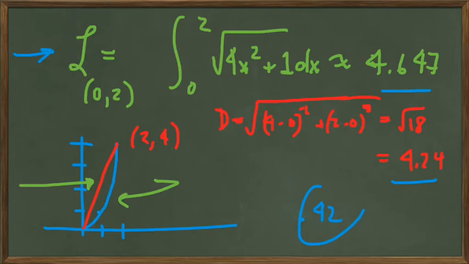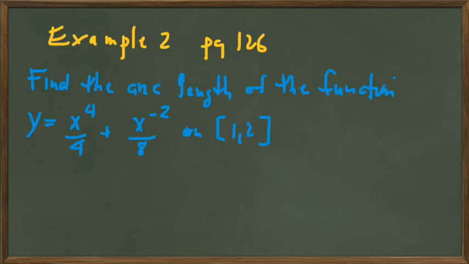Let's do one more example of this type where the functions are a little bit different, and that's going to be example 2 on page 126. So we have a special function here whose derivative is going to actually allow us to resolve the square root of f prime of x squared plus 1.